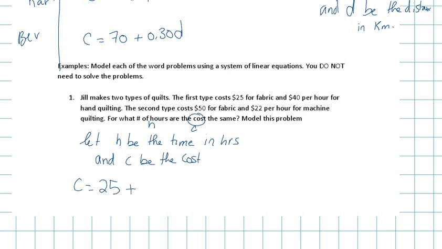So that's the first quilt, and then for the second kind of quilt, C equals $50 plus 22H, that's what it is per hour. Very good. So that's it, you don't have to solve.